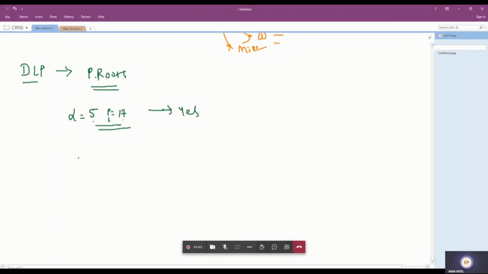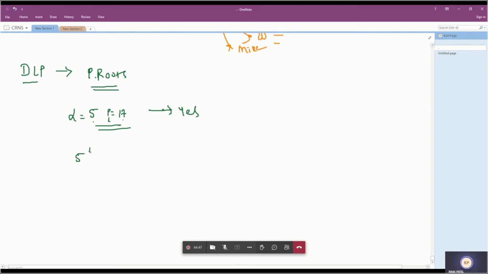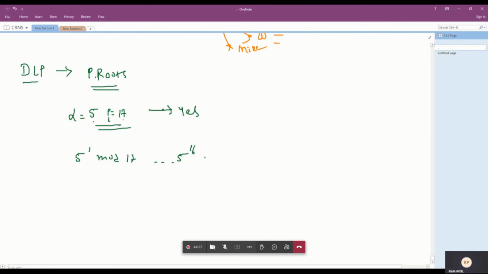So see, we have 5 raised to 1 mod 17 up to 5 raised to 16 mod 17, because we need to go up to p minus 1. So you are getting the uniformly distributed, unique values.